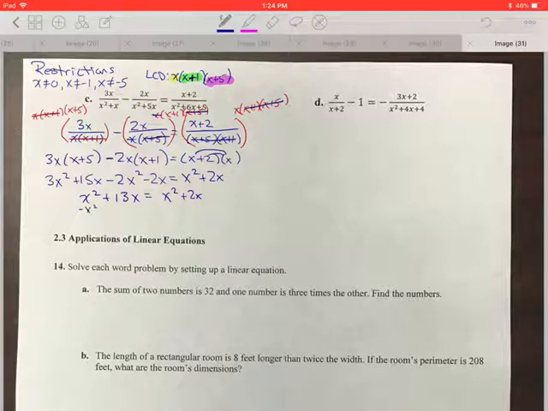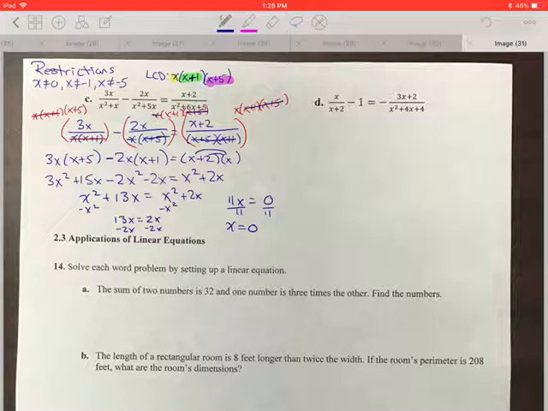Now if I try to put my x squareds together, if I subtract x squared from both sides, they cancel. And I get 13x equals 2x. Then if I try to put my x's on one side, I get 11x equals 0. So I get an answer of x equals 0.